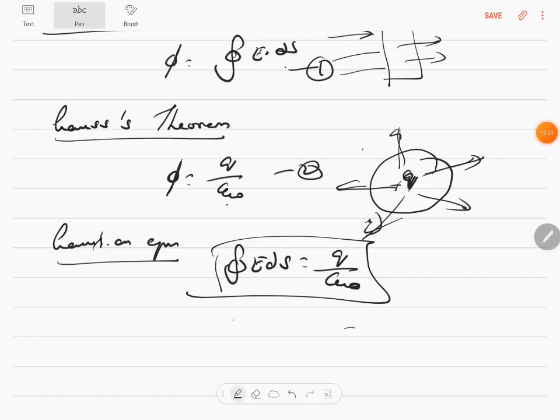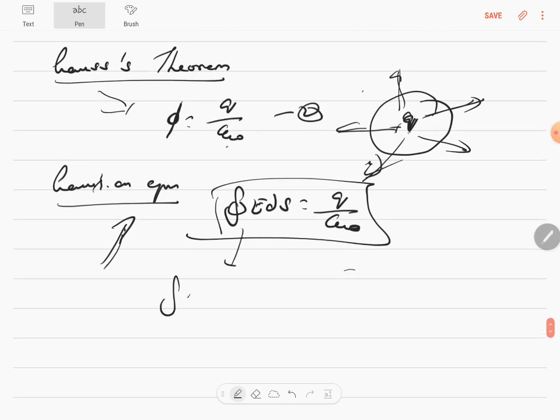We can arrive at Gauss's theorem using Gauss's equation. So you take this integration of E dot ds. You already know E is 1 by 4 pi epsilon naught into Q by r square, and ds is the surface area getting integrated over. Imagine the Gaussian surface to be a spherical surface, so it's 0 to 4 pi r square.